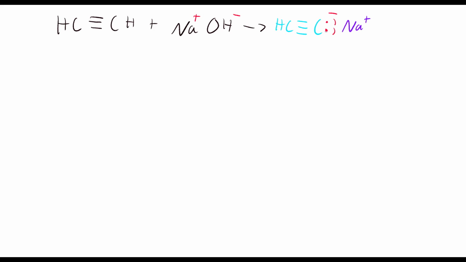Notice that I don't connect them because really it's ionic. Ionic is kind of like magnetism, you can say. It's not really a bond to that carbon, so it's not connected, but it's like a magnet, right? It's an unequal sharing of electrons, so carbon is still technically negative.